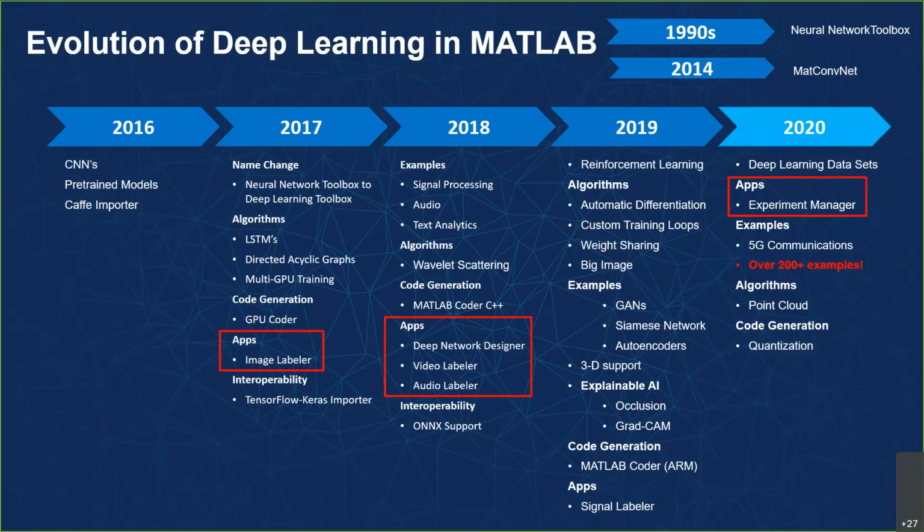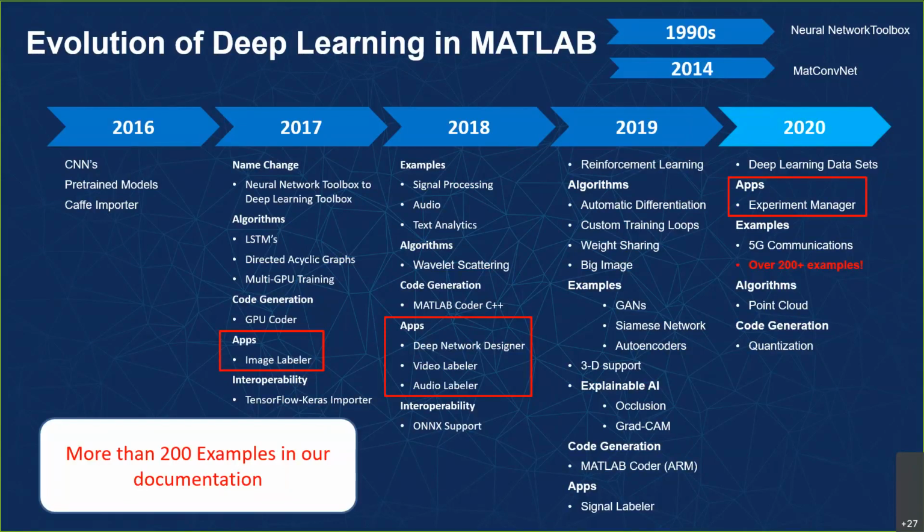MathWorks is committed to embracing the growing and ever-evolving field through our increased development efforts. One item I would especially like to highlight is that we now have over 200 examples across different domains and fields that serve as a great starting point for users looking to apply deep learning in their area of expertise.